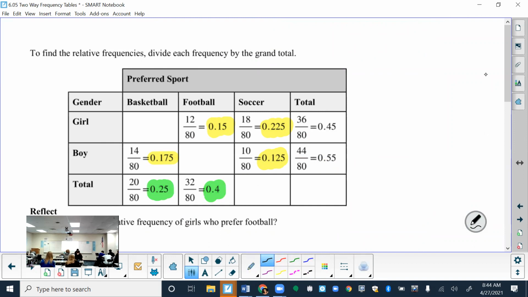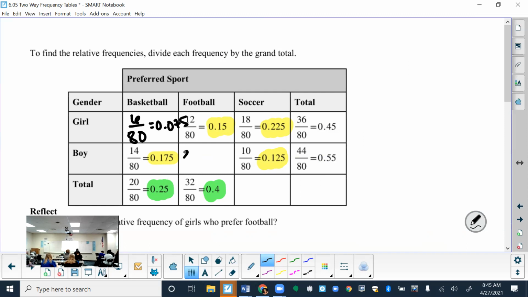All right, so for the girls, there were 6 girls who liked basketball, and what will be the denominator? 80, because regular relative frequency tables are relative to the entire table. What decimal is 6 divided by 80? 0.075. Good. And then we have boys that like football.